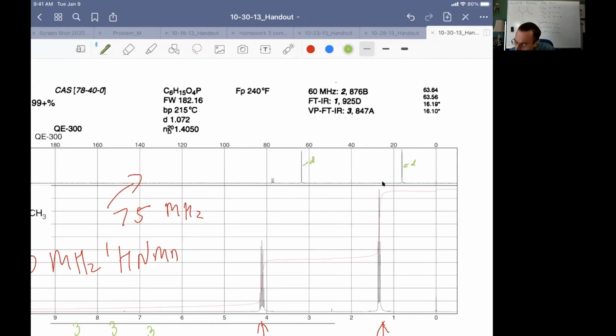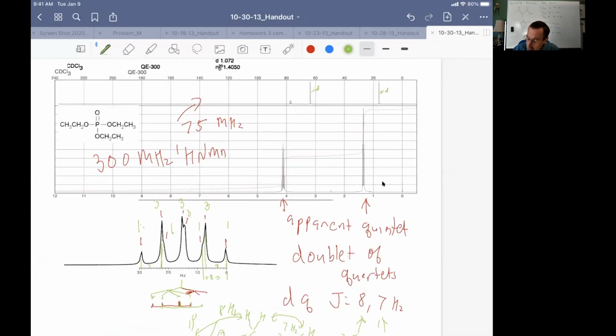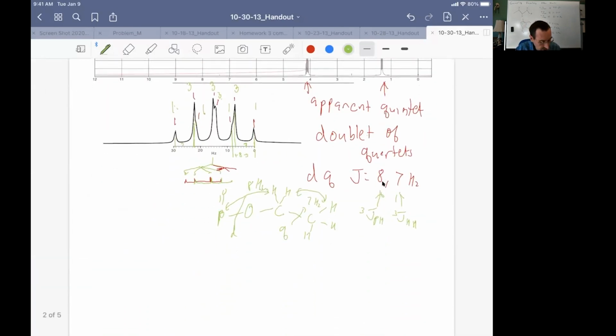And you can see that on the peak printout here, where you see two lines, one at 63.64 ppm, and the other at 63.56 ppm. And then here a pair of lines at 16.19 and 16.10. So those are in turn reflecting our phosphorus coupling.